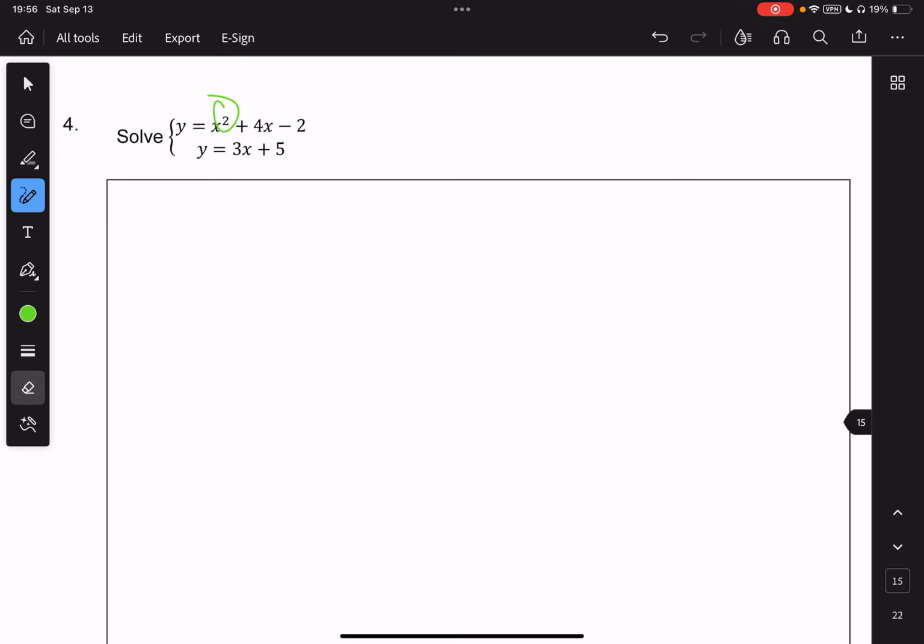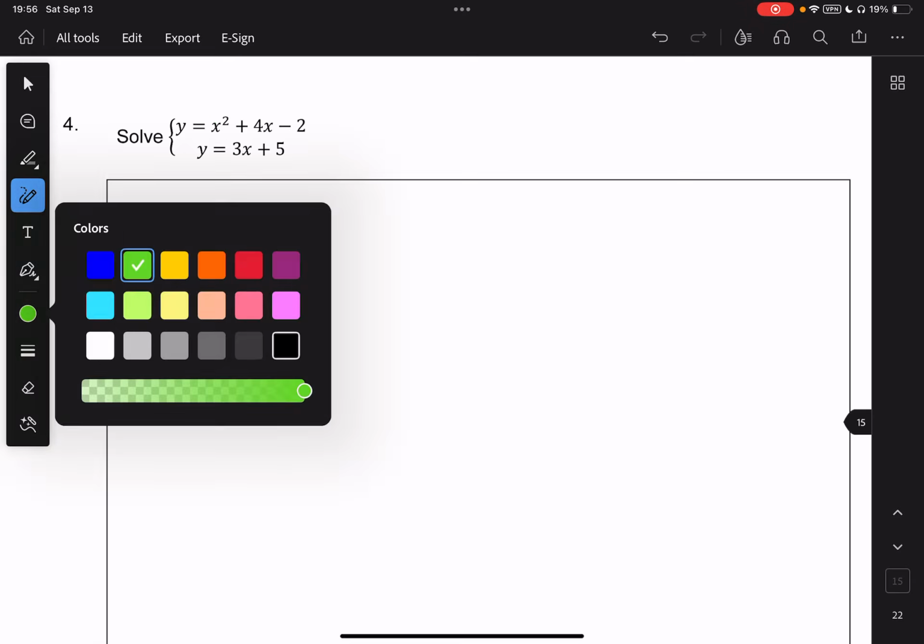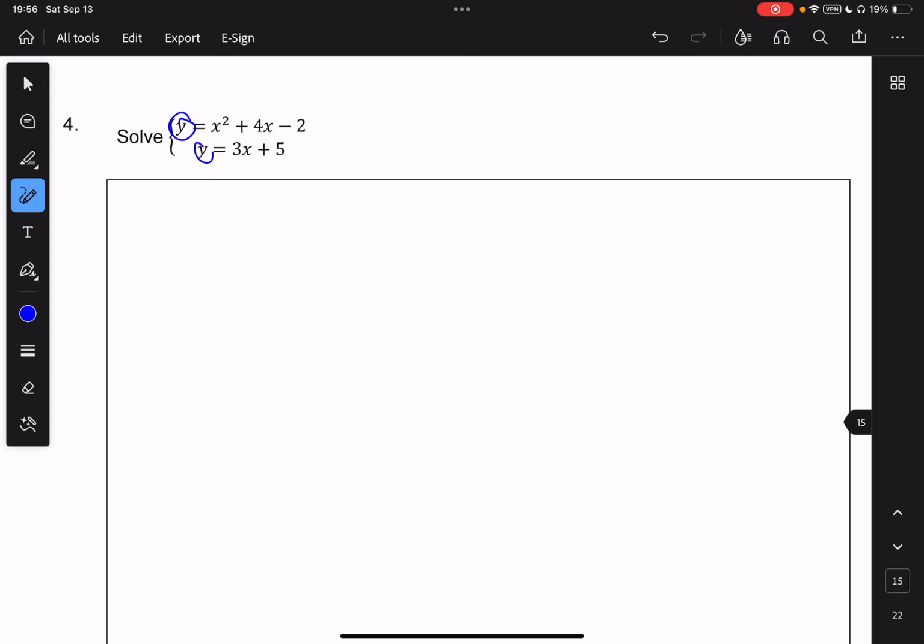They both are equal to y, so we can set our two equations equal to each other because they're both equal to the same thing. Because x squared plus 4x minus 2 is equal to y, but then 3x plus 5 is also equal to y. So we can write x squared plus 4x minus 2 is equal to 3x plus 5.